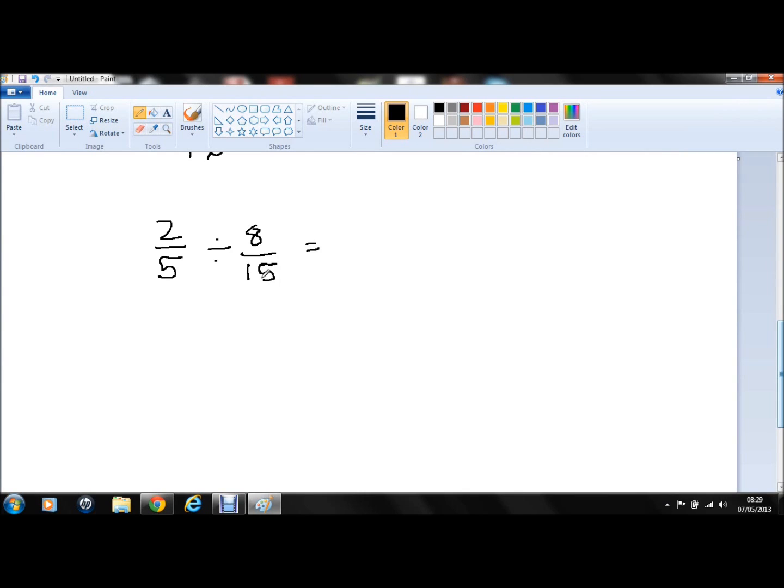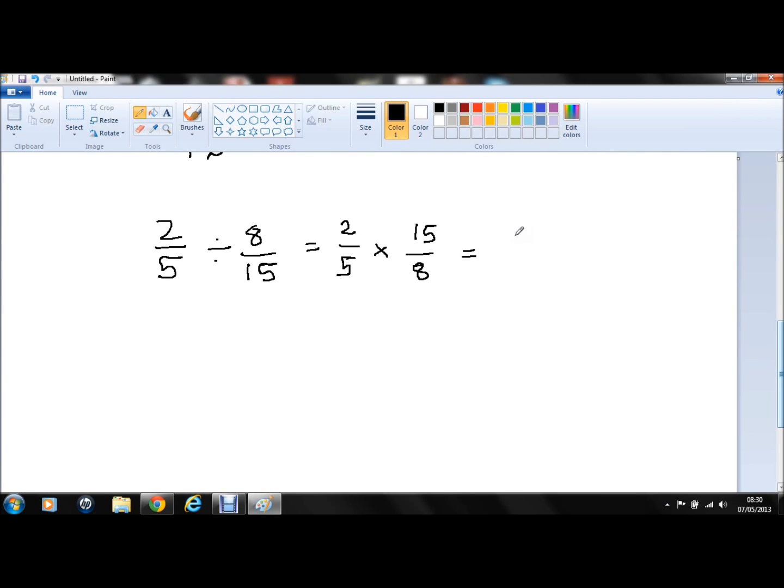The trick is this. We take the second fraction, turn it upside down, and then we multiply. So we don't do anything with the first fraction, that stays as 2/5. The second fraction we turn upside down, and we multiply instead of dividing.